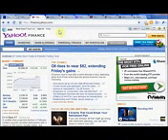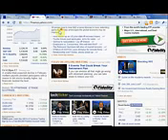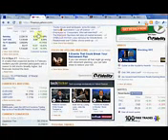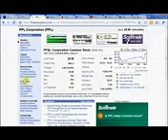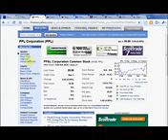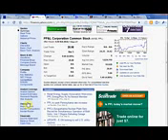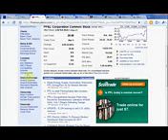is Yahoo Finance. If you scroll down, of course you can read the news, you can see what the indices are doing, but if you scroll down in the left column, it will tell you just a few of the stocks that are bullish or bearish. If you click on any one of these in the left-hand column, it will take you to their page and give you key statistics.